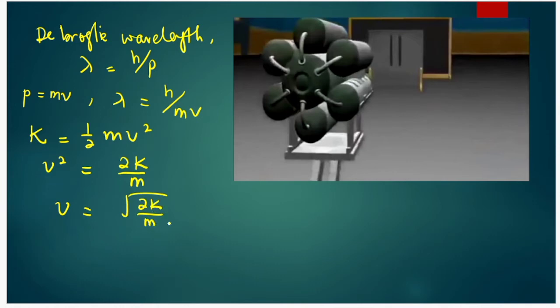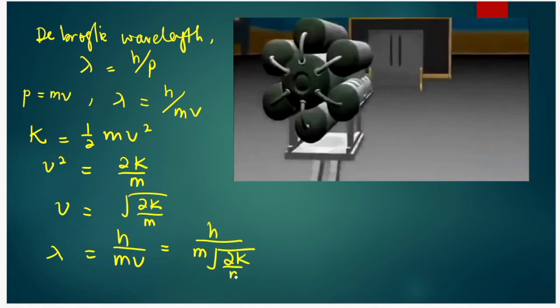Substitute the velocity v into the formula of de Broglie wavelength. Thus lambda equals h divided by mv, which equals h divided by m times the square root of 2K divided by m.